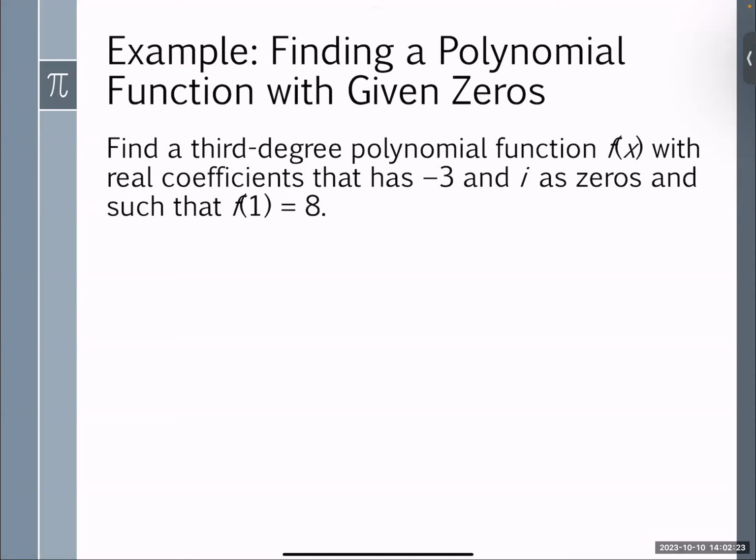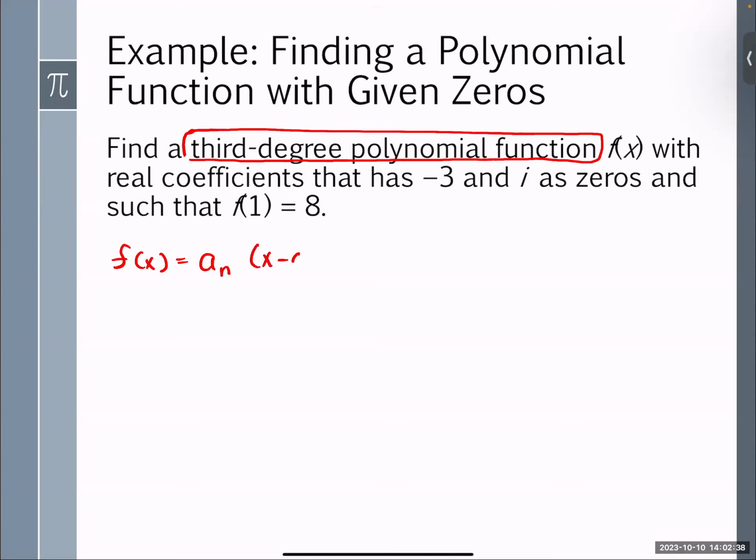All right, so if this is a third degree polynomial function, then it is going to have the form f of x equals a sub n times x minus c1 times x minus c2 times x minus c3. Since it's a third degree polynomial function, it will have 3 zeros that are complex.